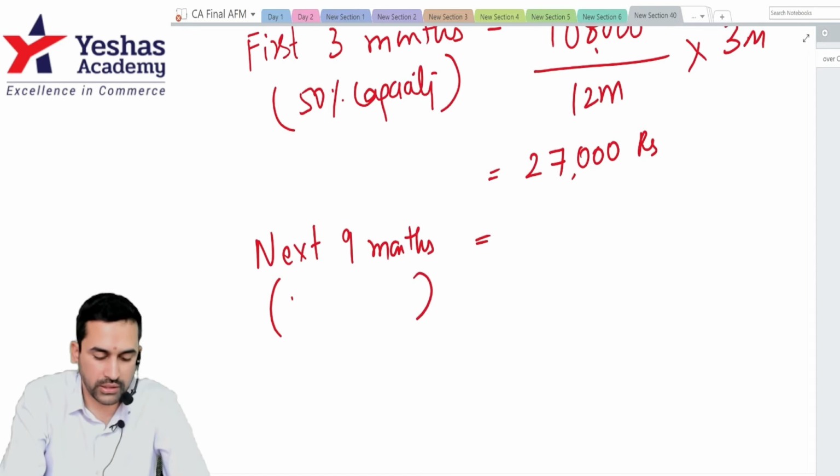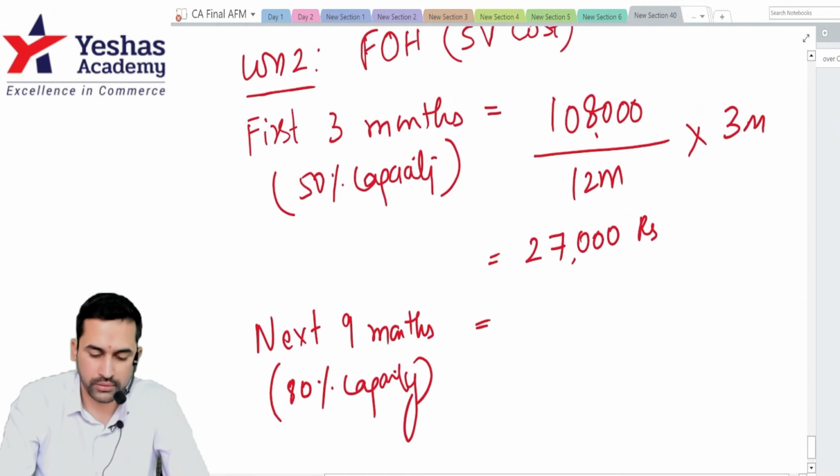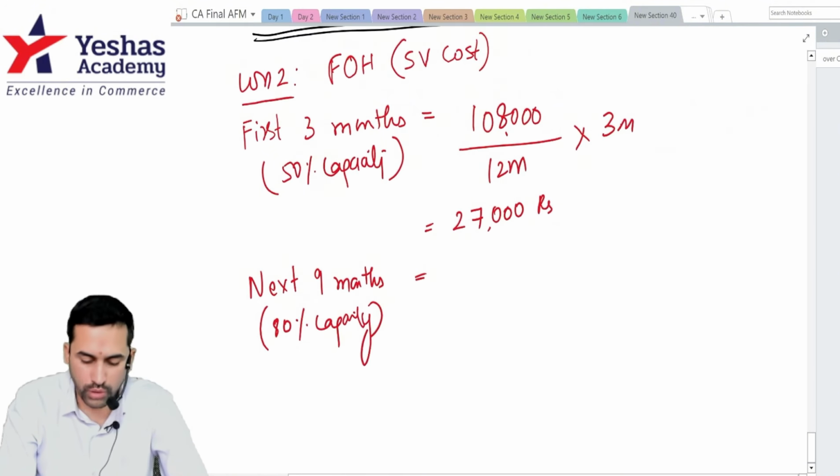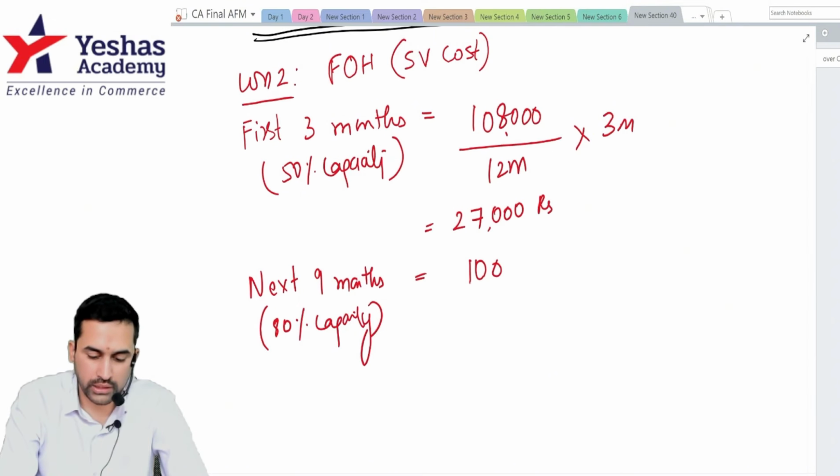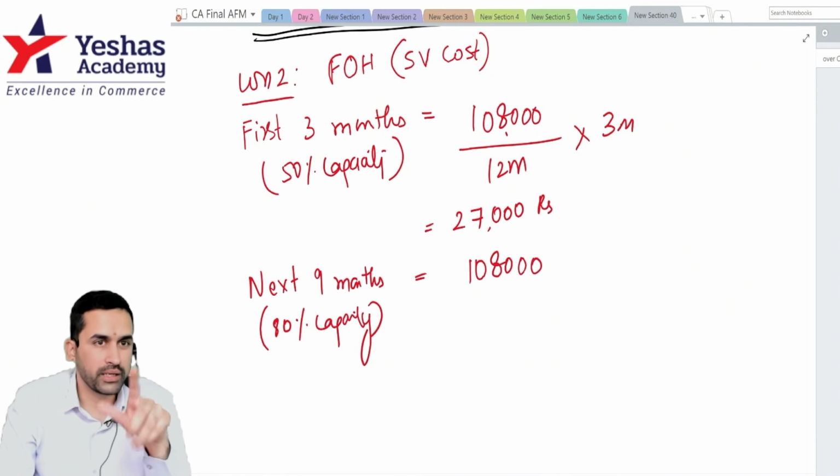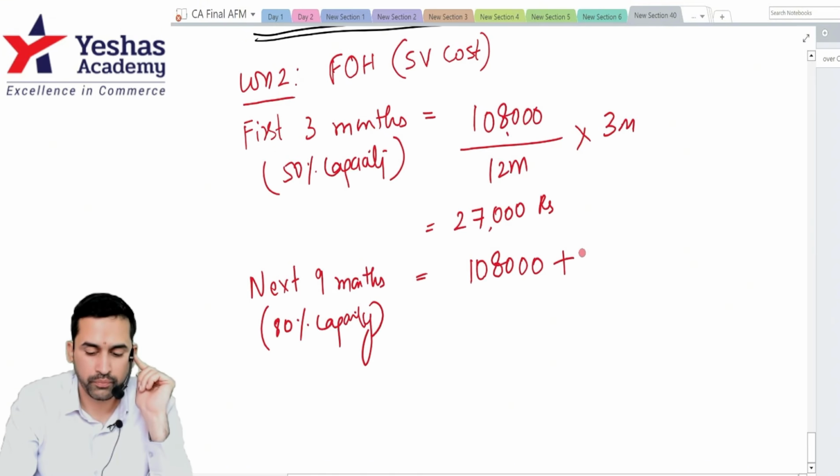Is it okay? If you have understood this, you tell me what should I write for next 9 months? What is the capacity utilization? 80%? I will wait for you. What to write? 108,000. Don't say divided by. You have to add some more, no? Plus 46,800.